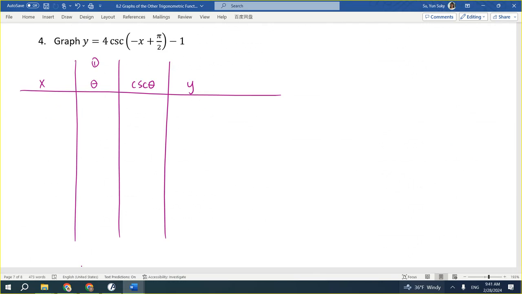You realize the theta values for sine, cosine, secant, cosecant, they're always the same. And the cosecant, look at the cosecant.